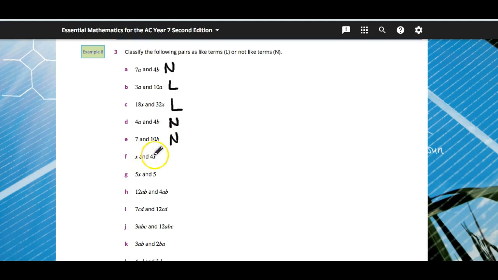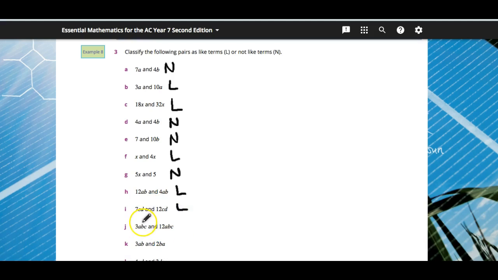Here we have 1x and 4x. So 1 X-ray and 4 X-rays gives you 5 X-rays, so that's a like term. 5x and 5, not like because there's no x here. 12ab and 4ab, if you think of the juice, apple and banana juice, like term. CD, carrot and dragon fruit, like term.